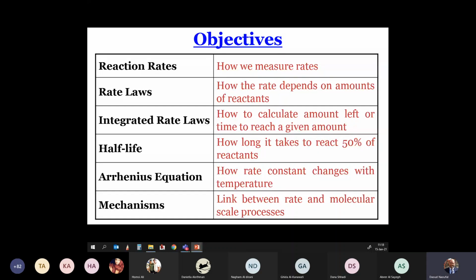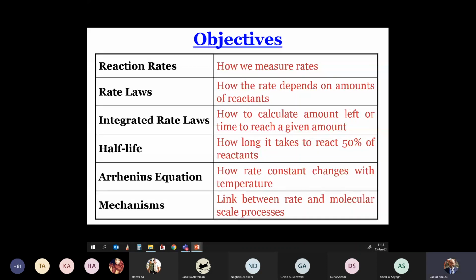So this is the main objective of this course, to find the expression of the rate law, or in other words, the relation between the rate of the reaction and the factors that affect this rate at a given time t.